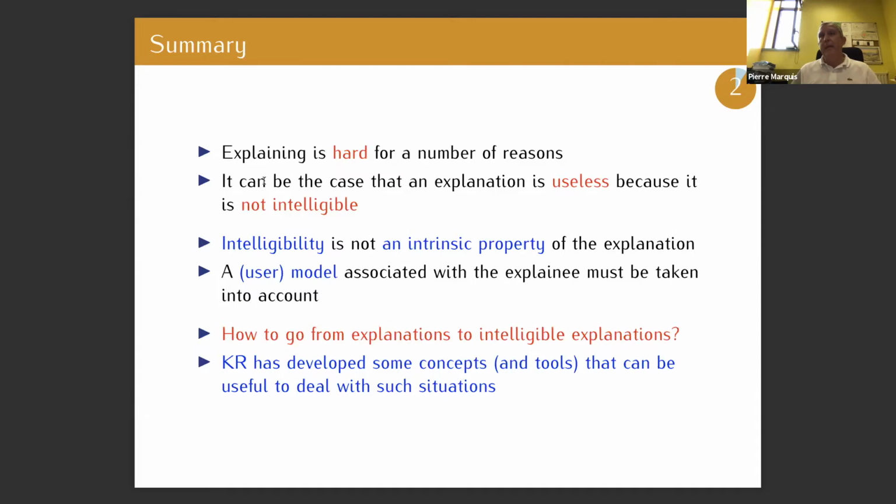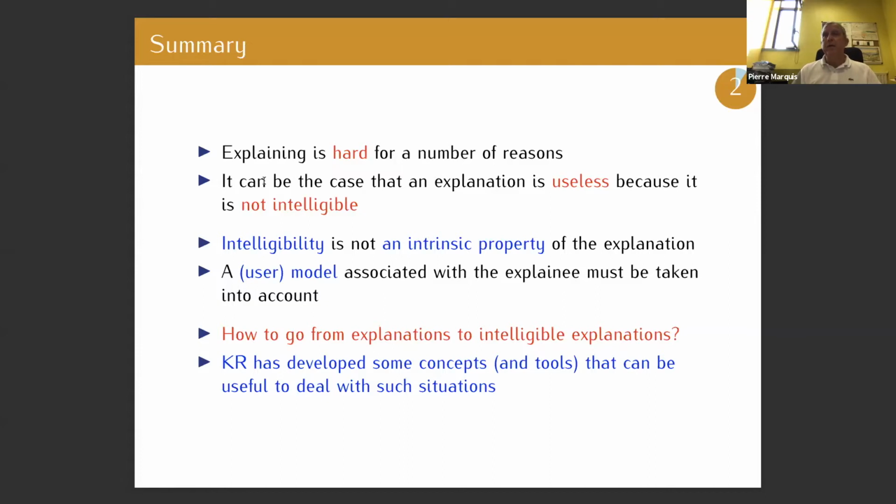Okay, as Tim Miller recalled this in his invited lecture yesterday, you must have in mind that explanation is a social process involving at least two agents, human agents or artificial agents, actually, an explanation provider or explainer, but also an explanation receiver or explainee.